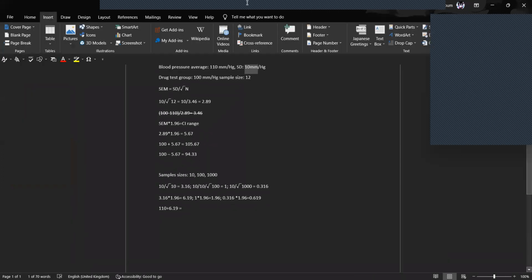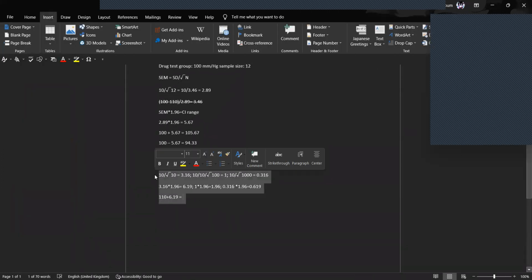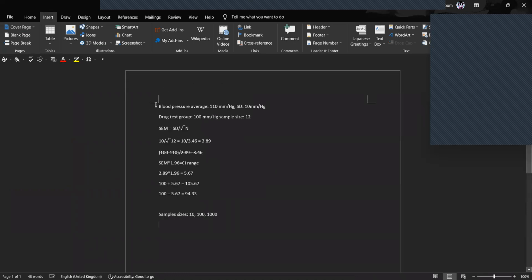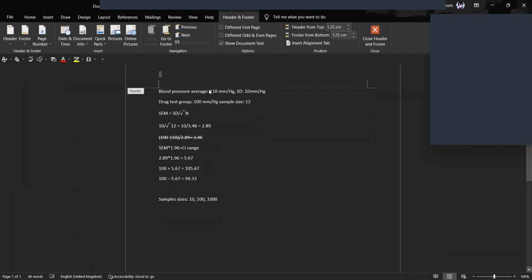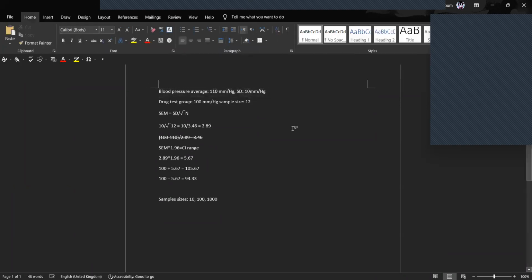So here, if we use this data, these 4 numbers, there are 4 confidence intervals that we can find. Okay, the first one is the confidence interval of our drug test group, and the second one is the confidence interval of our population, right?